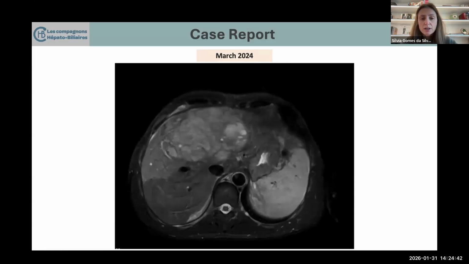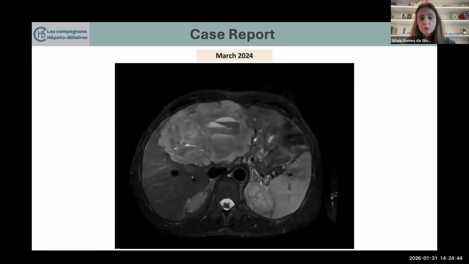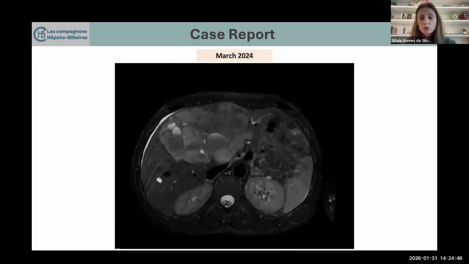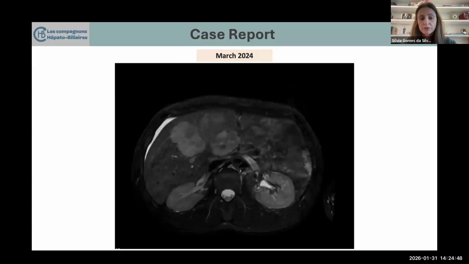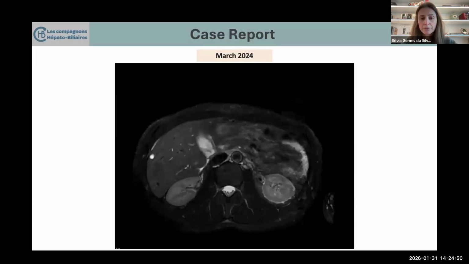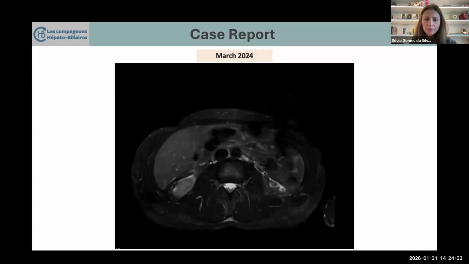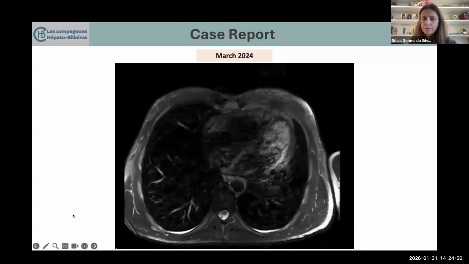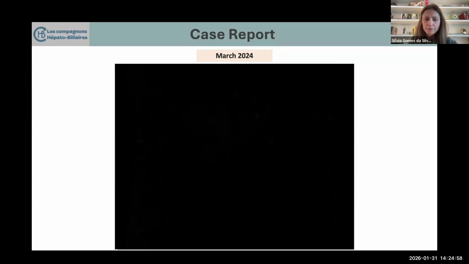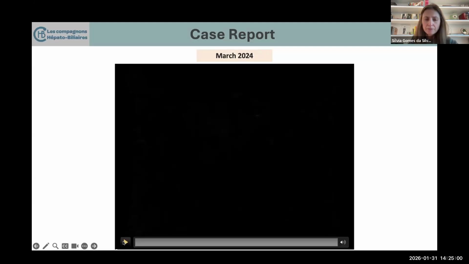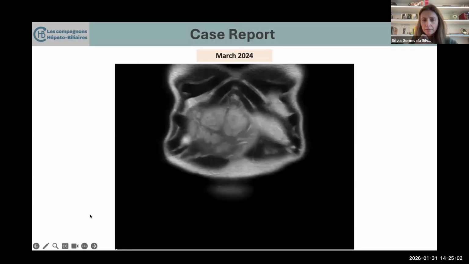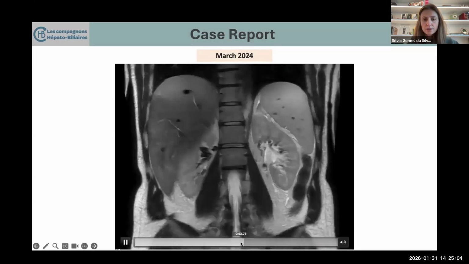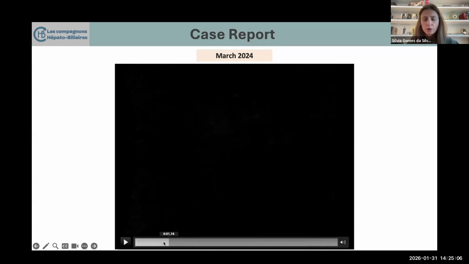We have this large lesion at segment 4 involving also segment 1, 5, and 8. And here other images. Too fast. I will go slow. Sorry.